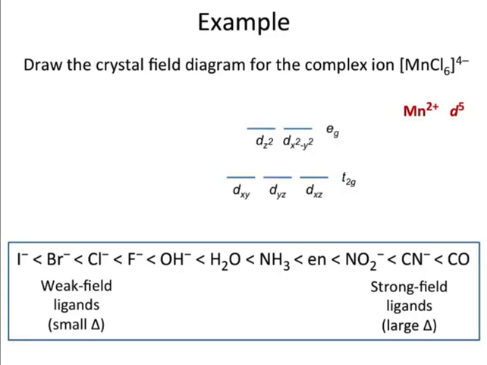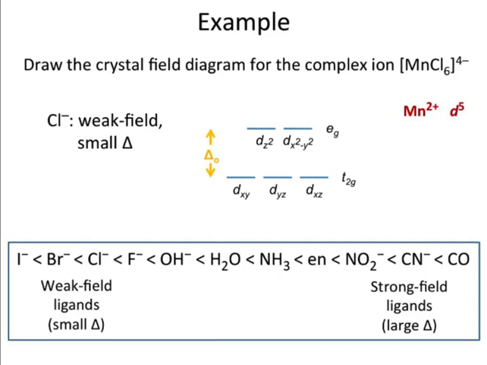We're going to put our 5 d electrons in the d orbitals that are now split by the ligand, and the amount of splitting is this delta. So let's find chlorine on the list. There it is. Chlorine is a weak field ligand, so that means it's a small delta. What we mean by small is that it's small relative to the energy to pair 2 electrons into one orbital.